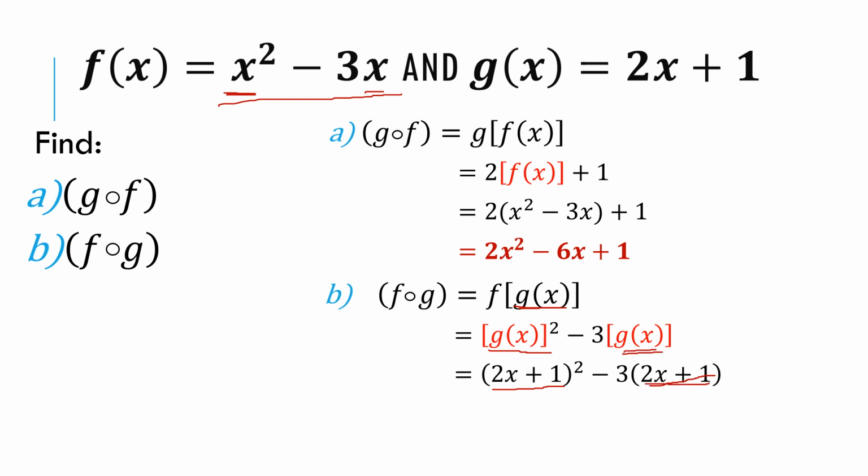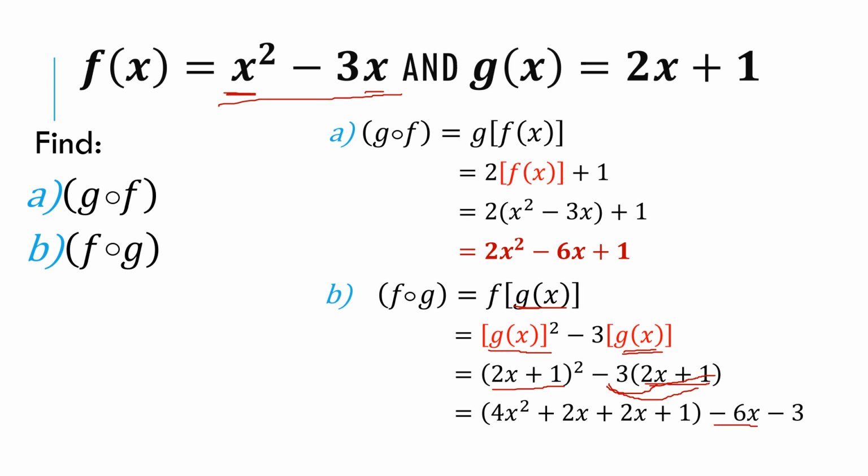And then, let's expand. Para mas masimplify, expand muna natin. So, what is the quantity of 2x plus 1 squared? Okay, ang sagot dyan is 4x squared plus 2x plus 2x plus 1 by using the FOIL method. And then, dito naman, distribute natin ang negative 3. So, negative 3 times 2x is minus 6x.